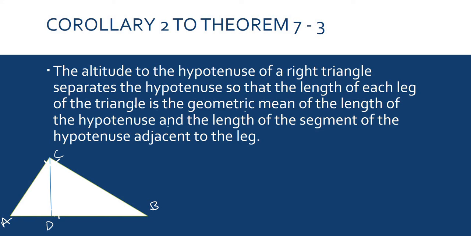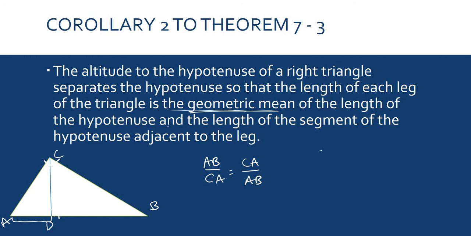So, each leg of the triangle is a geometric mean. So let's start with CA. CA is a geometric mean of the length of the hypotenuse, AB, and the length of the segment closest to that leg, AD.